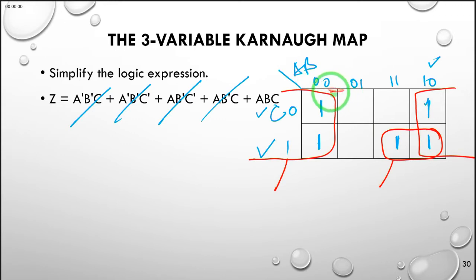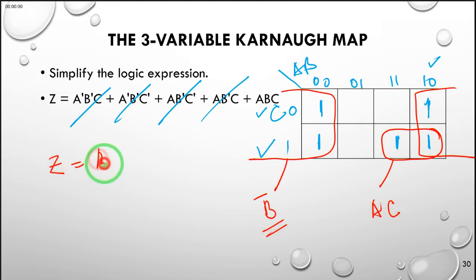Clearly, A is changing from 0 to 1, but B remains 0, which is bar, and then C is changing in both of them. Therefore, that group of 4 can be represented by B bar, and this group can be represented with A that is not changing, 1 at 1, and B, C is not changing as 1. So we can say that Z becomes B bar or A, C.